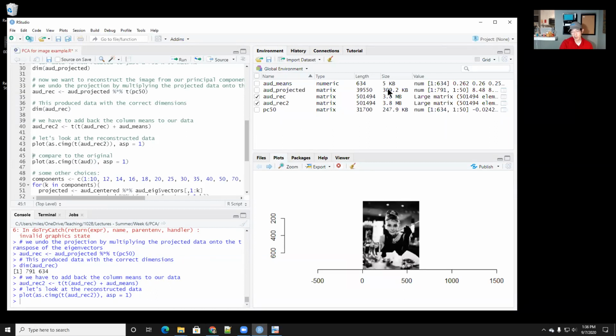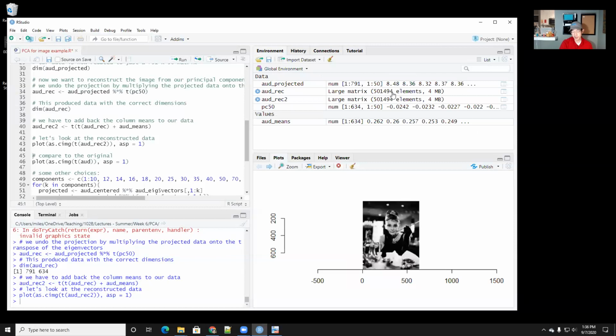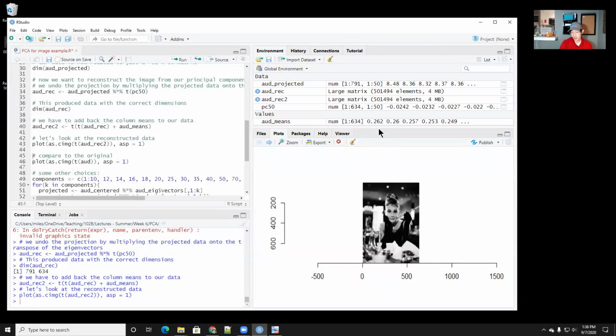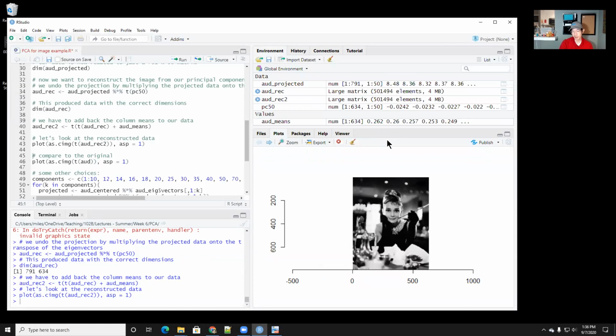So a total of around 550 to 560 kilobytes, versus the full image, which took up 3.8 megabytes in memory. So we definitely reduced the amount of space required in memory.